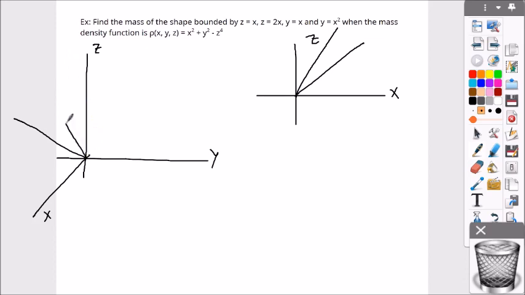If you spin it so that the xz plane is like this and the y is like this, that's what you're going to get. So those are the two lines, z equals x and z equals 2x.